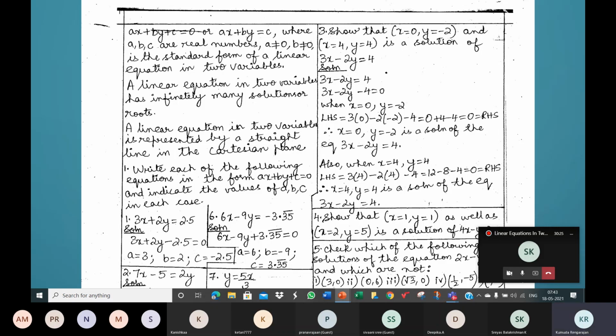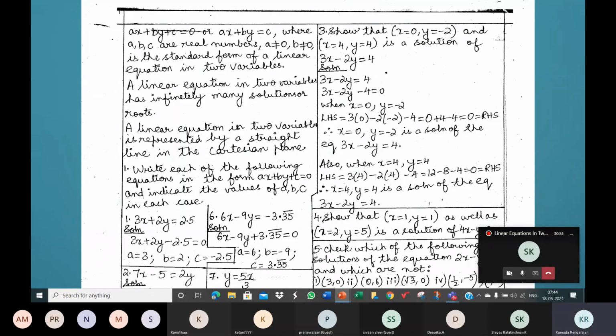So a is the coefficient of x, plus by, because the y term can be anything. It can be root 2y, it can be minus 7y. So b is the coefficient of y, plus c, the constant term.